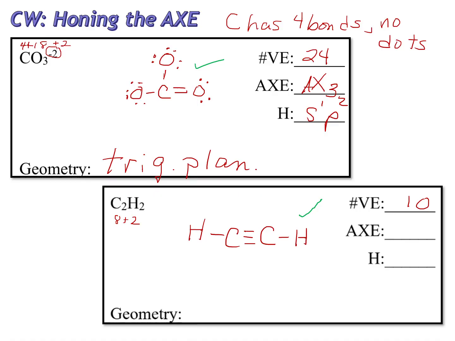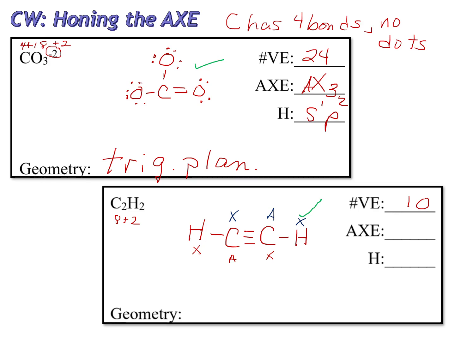Because if you pick this one, we've got AX2. And then if you pick the other one, it's still AX2. The atoms don't know the chemical identity of the other atom that is bonded to it. The geometry just cares if there's an atom or a lone pair bonded to it.